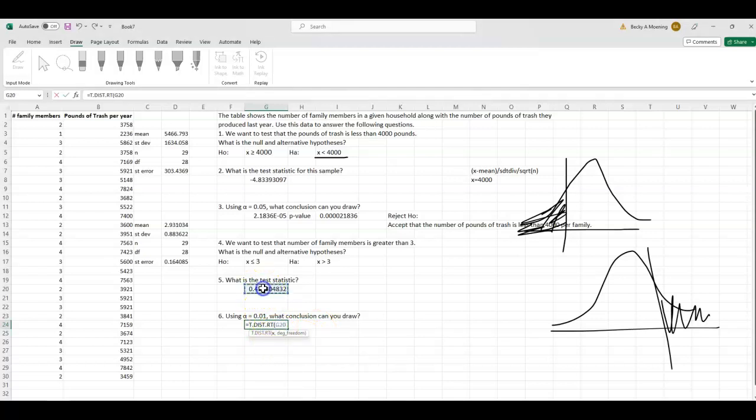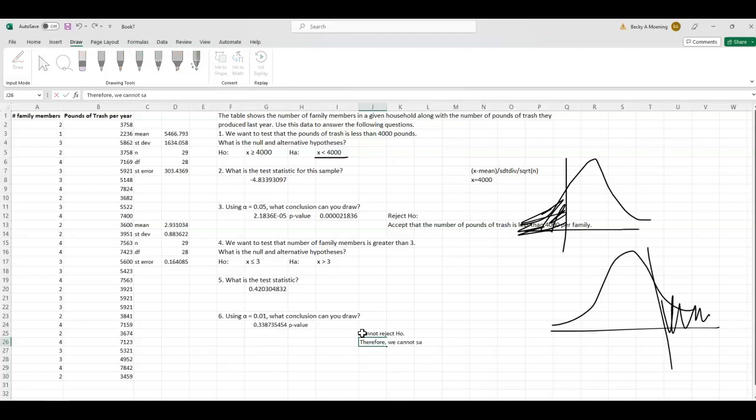The x is our test statistic, and then we just need our degrees of freedom, which is 28. And we can see, again, this is our p-value. Now our p-value here is way greater than alpha, right? Alpha is 0.01. So because our p-value is greater than alpha, we cannot reject our null hypothesis.